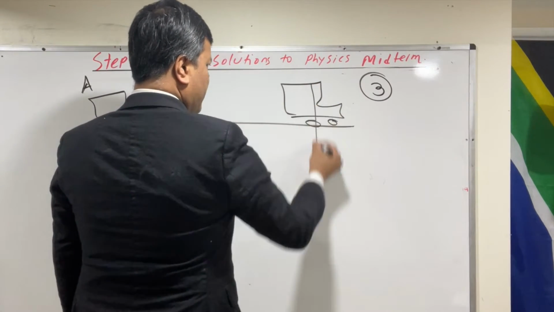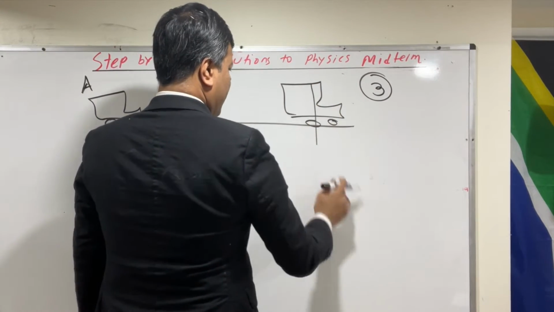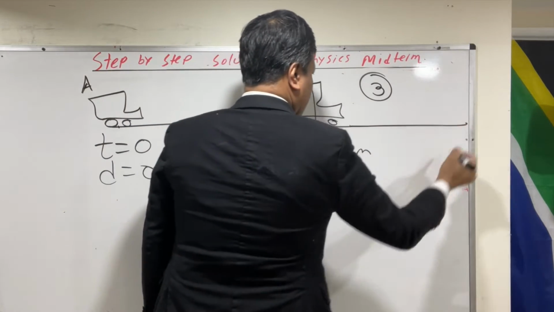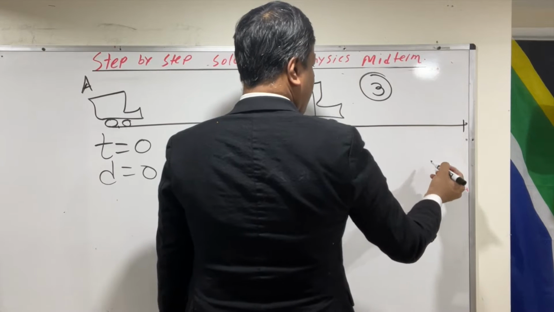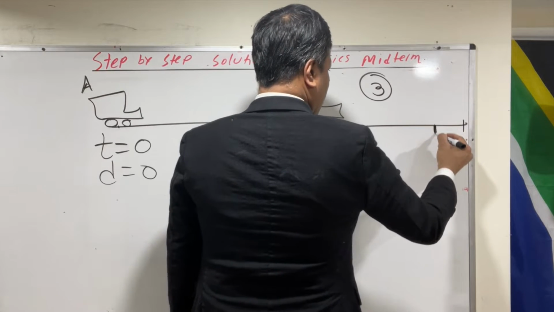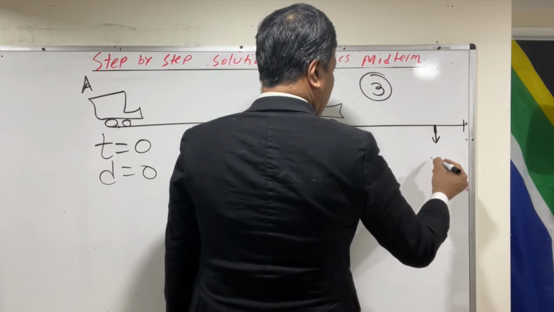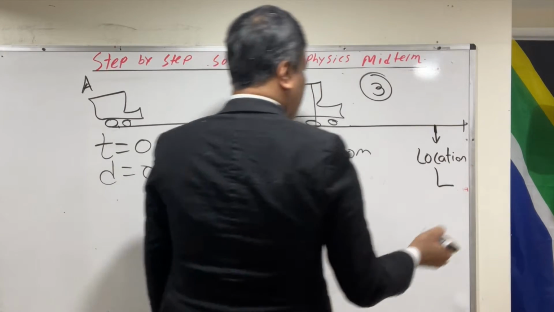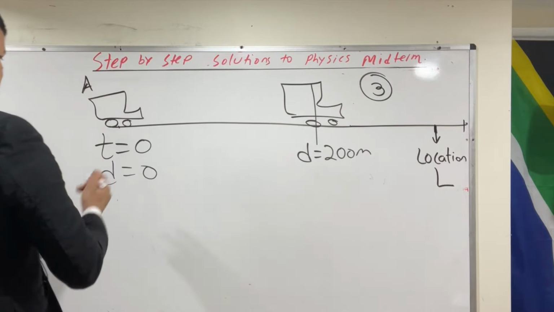The car B has a head start of 200 meter, and then right here at location, let's say location L, they both meet.